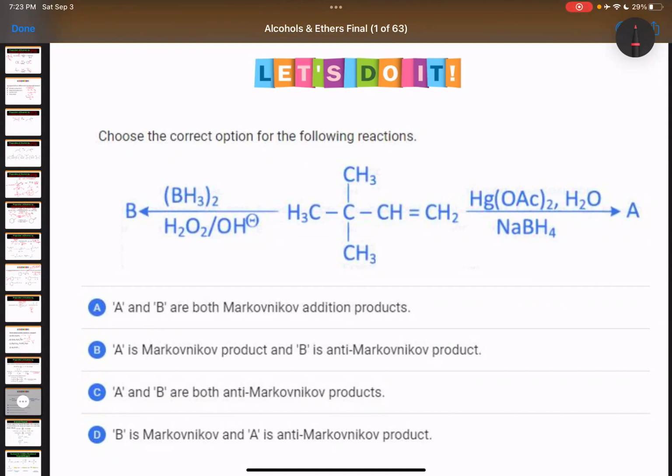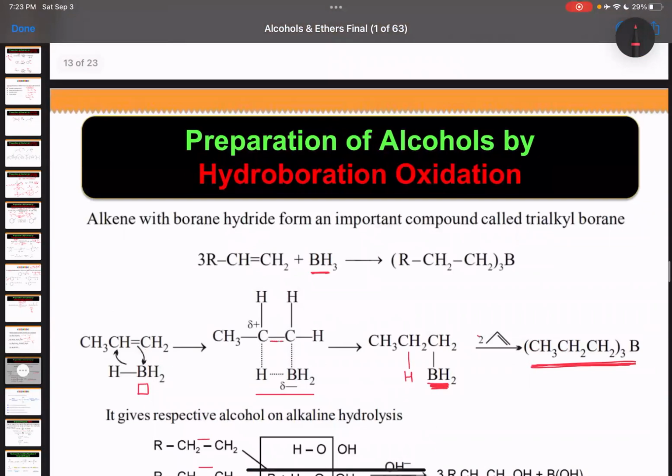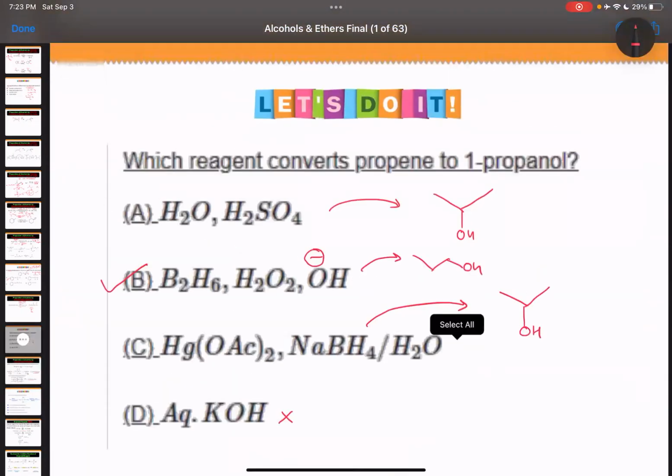Sir, option D. Option A. Memuna, what's your answer? A and B are both Markovnikov products. Yes, sir, same. No, actually, B is the anti-Markovnikov compound. Why did we take hydroboration oxidation? What was the purpose? We were already having two methods of doing the Markovnikov addition.